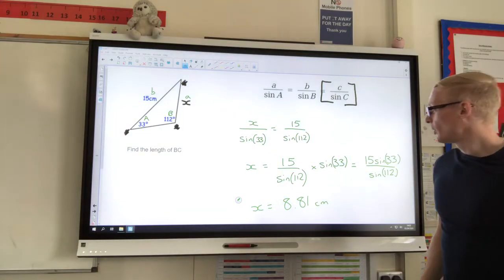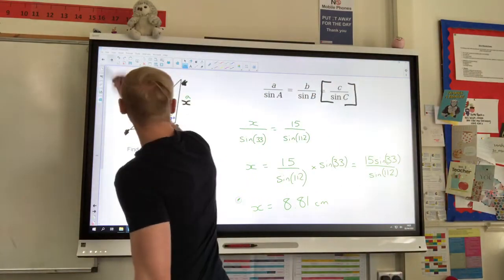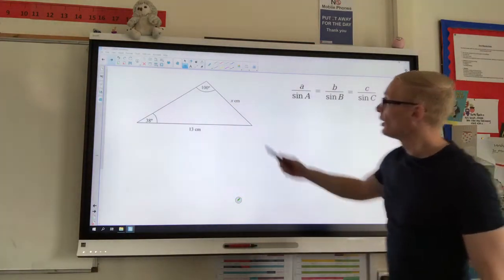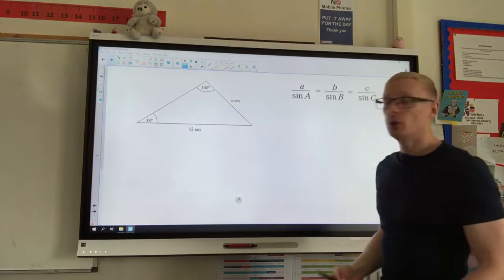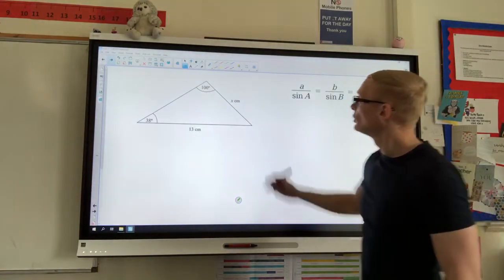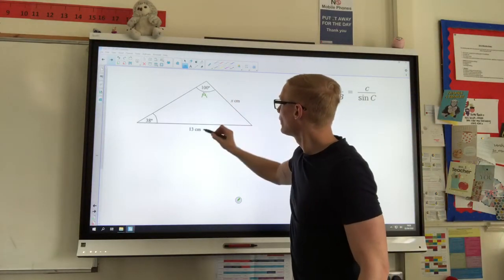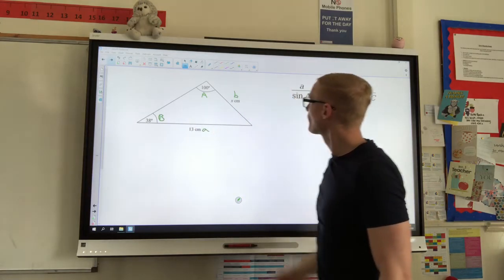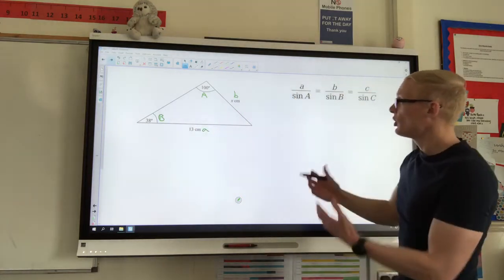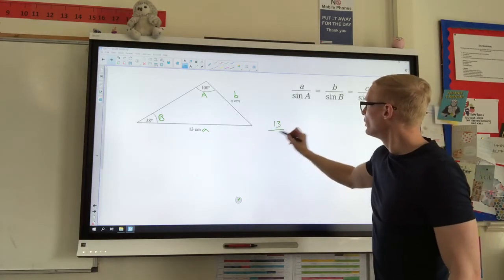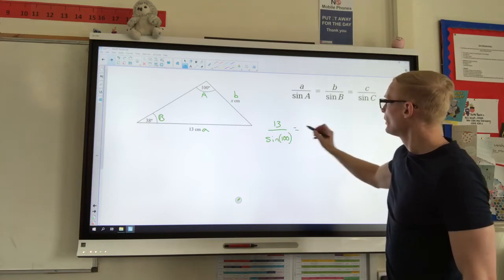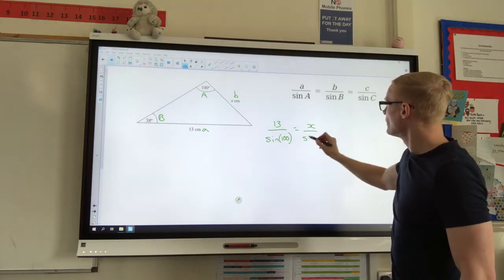I'll now go through another example. So we're looking at this example. Again, 2 sides, 2 angles. We must be looking at the sine rule. So A, B, B. So substituting in now, I've got 13 over sine 100 is equal to x over sine 38.